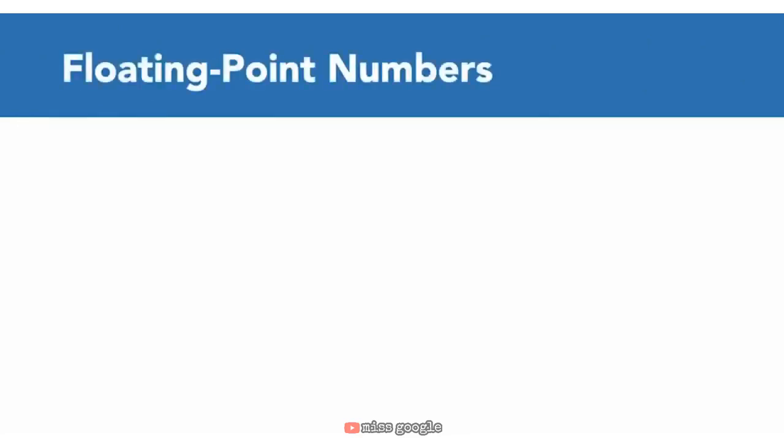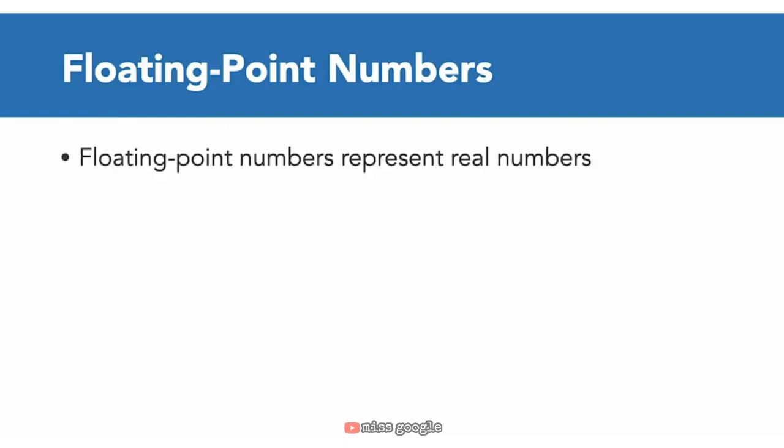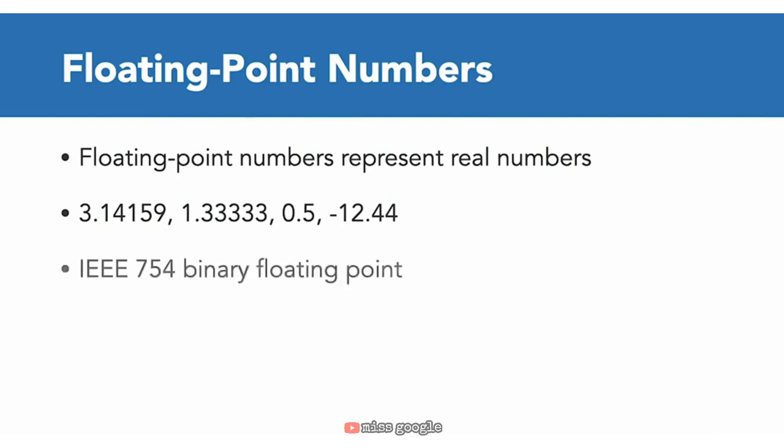C++ also supports floating-point numbers. Floating-point numbers represent real numbers, as opposed to integers. I'm talking about numbers like pi, or 1.333, 0.5, or minus 12.44. These types implement the IEEE 754 binary floating point standard.